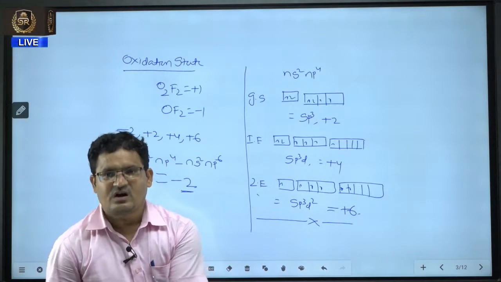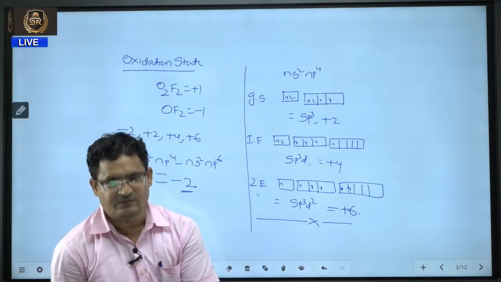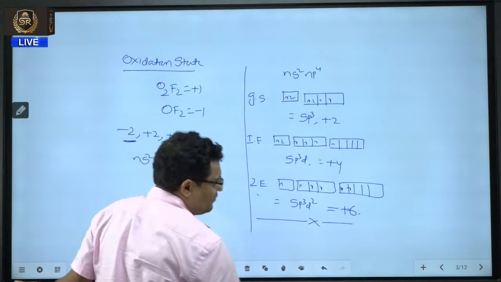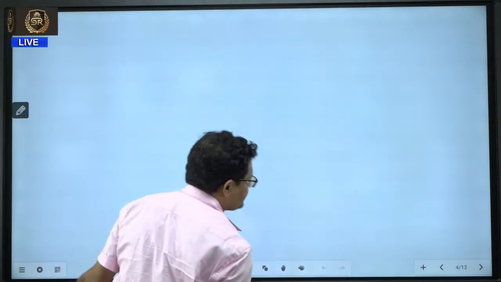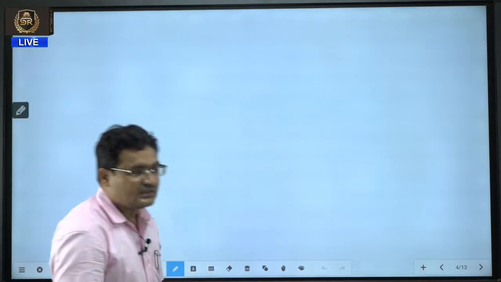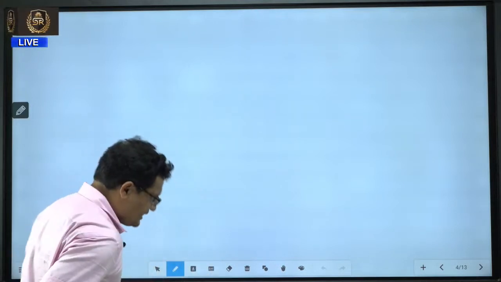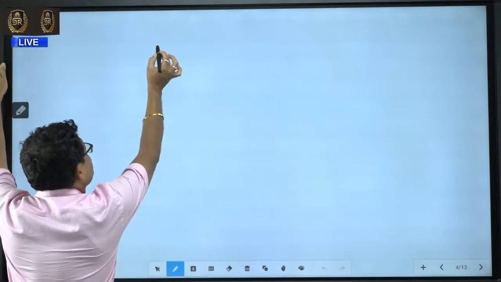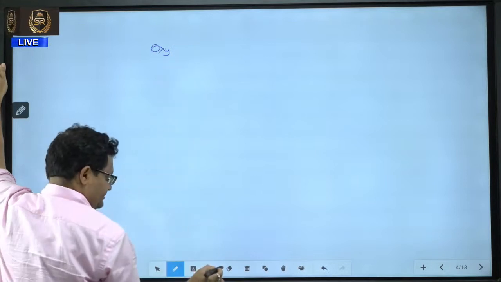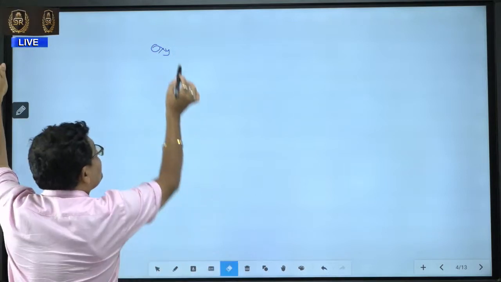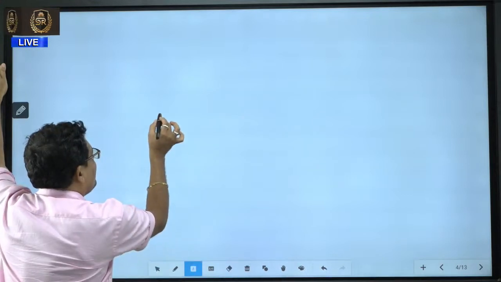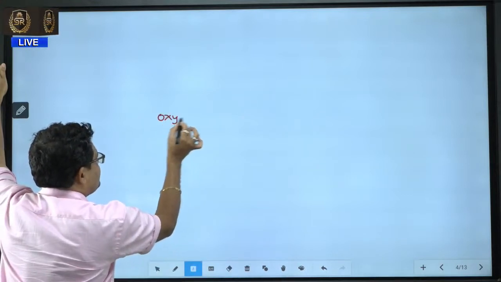After that, oxy acids of sulfur. The next topic is oxy acids of sulfur. These oxy acids of sulfur are basically of the following types.